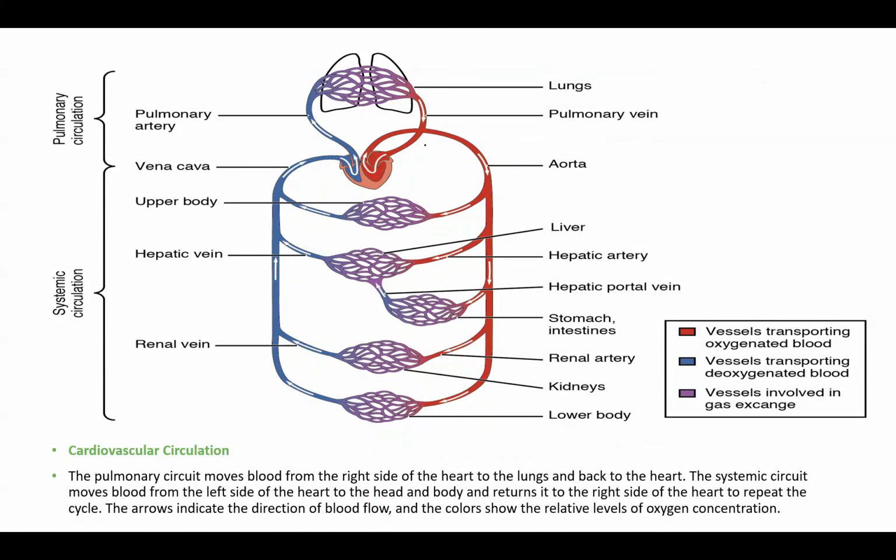This is again the summary of the circulations. Let's say we look at the systemic circulation over here. It starts from the left ventricle, going up the aorta, and then going to the capillary.